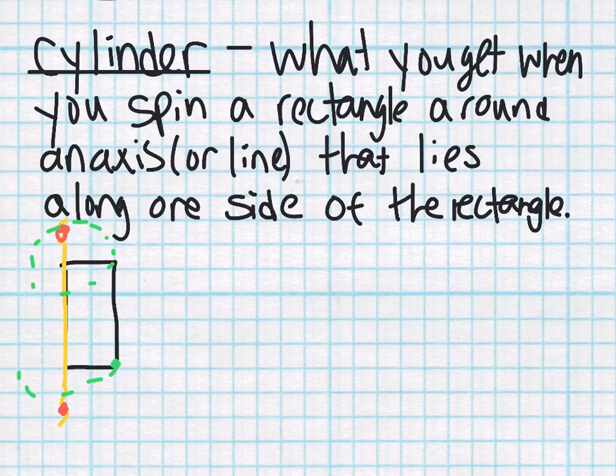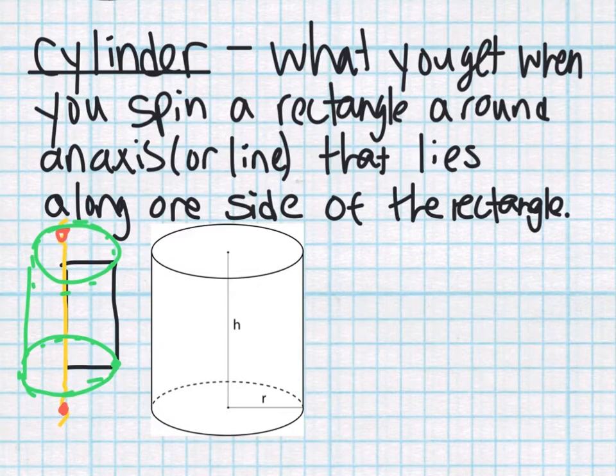This corner right here moves around, comes back to here. So a cylinder is this shape. Let's look at an accurate diagram. This is what a diagram of a cylinder looks like.